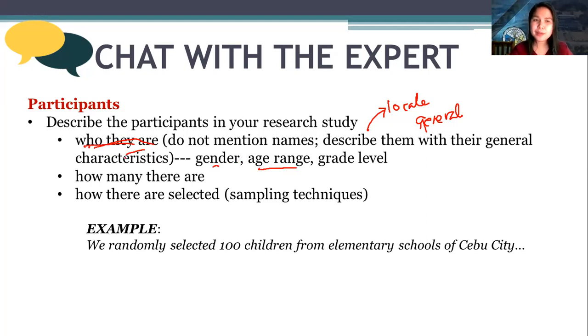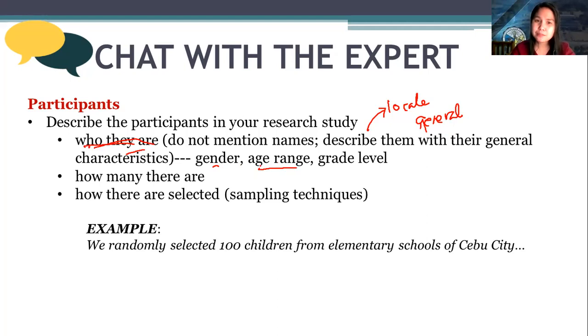These students, because you need to describe the characteristics, attend a private sectarian school located in Mindanao or in Valencia City. The name of the city can be dropped, but not the specific name of the school.